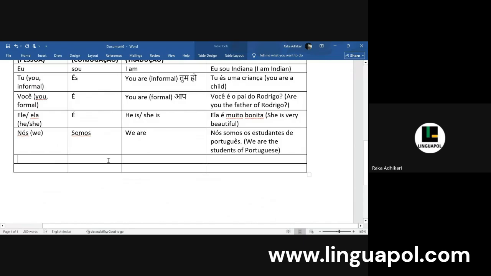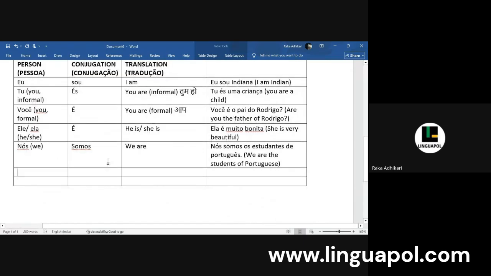Okay. After this, we will have second person plural. That is the plural of this. Você becomes vocês. Okay. Earlier, we used to make a separate plural for tu also. That was vós. But in modern day Portuguese, we do not use the conjugation of vós.